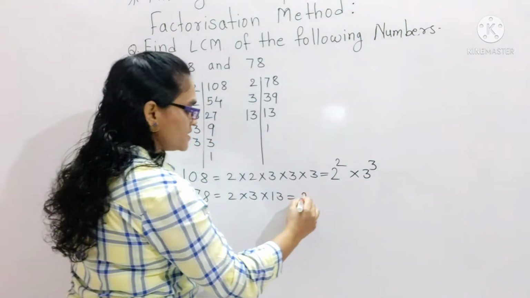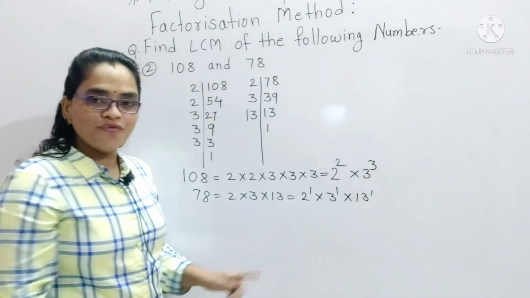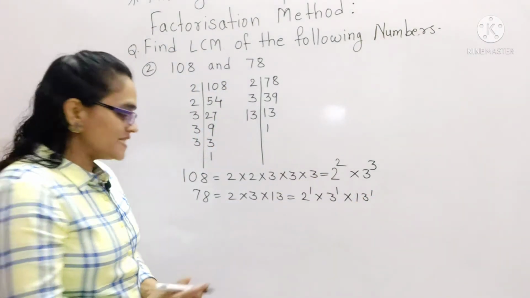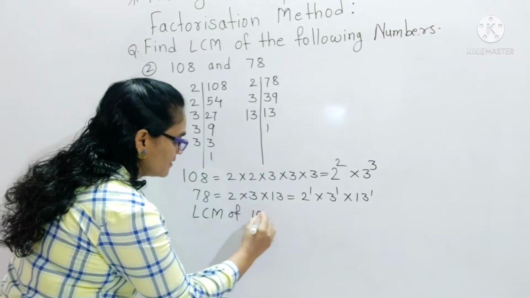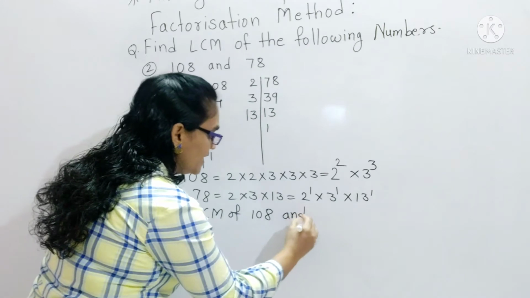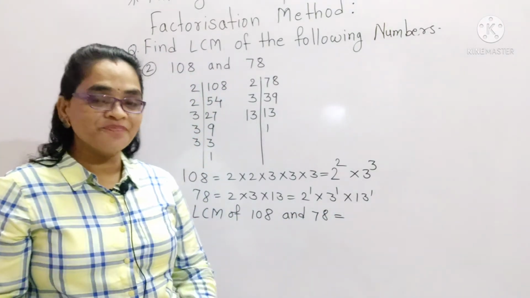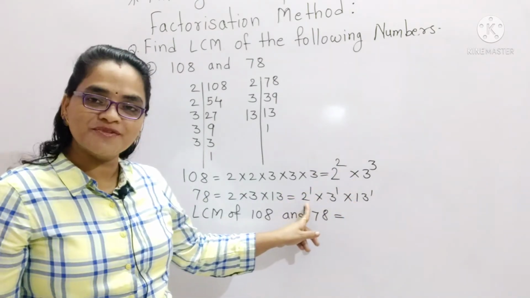Here 2 raised to 1 into 3 raised to 1 into 13 raised to 1 occur 1 time only. So now LCM of 108 and 78 is equal to which numbers we have to consider? Which has greater exponent, 2 raised to 2 or 2 raised to 1?